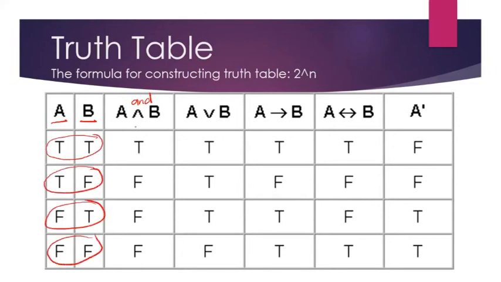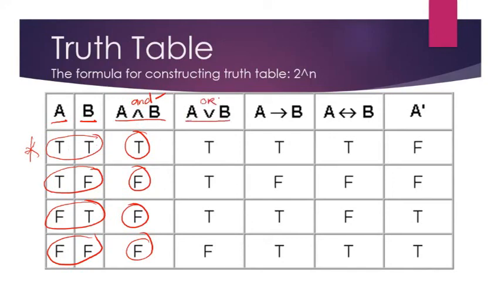Kung gagamit ka ng AND, dapat both of the statements are true para true ang output. So, true, true, true ang answer. True, false, hindi siya true lahat, so false ang answer. False, true, false. False, false is false. Magiging true lang siya if both statements are true, so sa first instance lang siya nagkatotoo. Okay na to. Nakuha mo na.